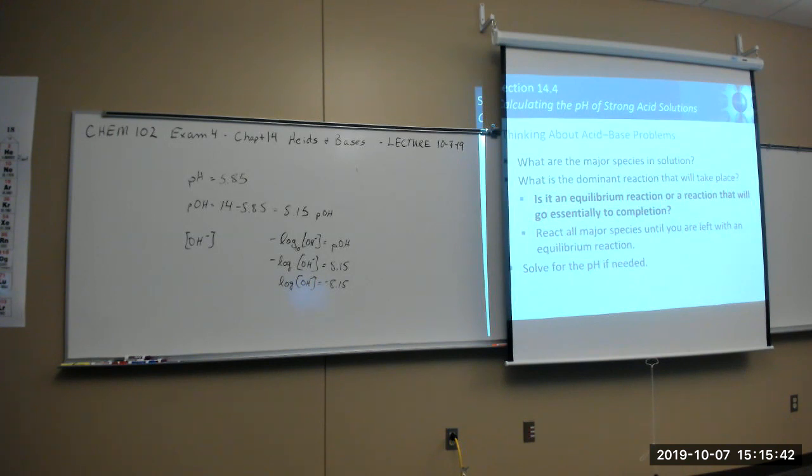We might have to postpone the Ka another week, because chapter 15 gets into that in detail. And if we're able to talk about that next week, then the following week, you'll be primed for the Ka determination. So let me make a note of that.